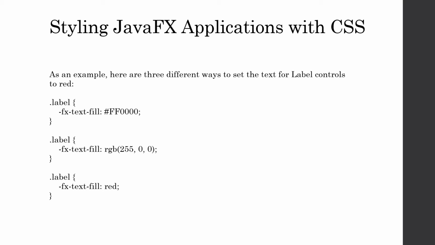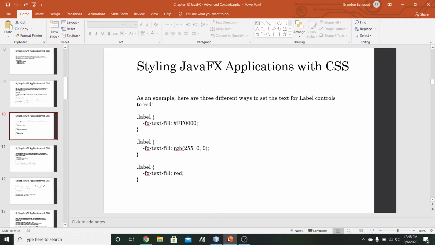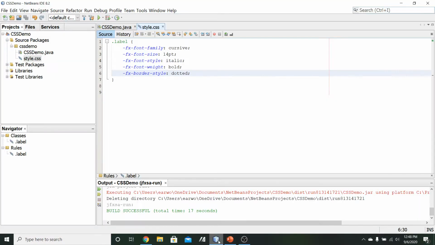You can also see this in the second notation where we do RGB and that pair of parentheses, and then we're doing 255, 0, 0. Again, as much red as we can apply, and then no green and no blue. And finally, if we want to do it with just the named color, then we would just put the name red.